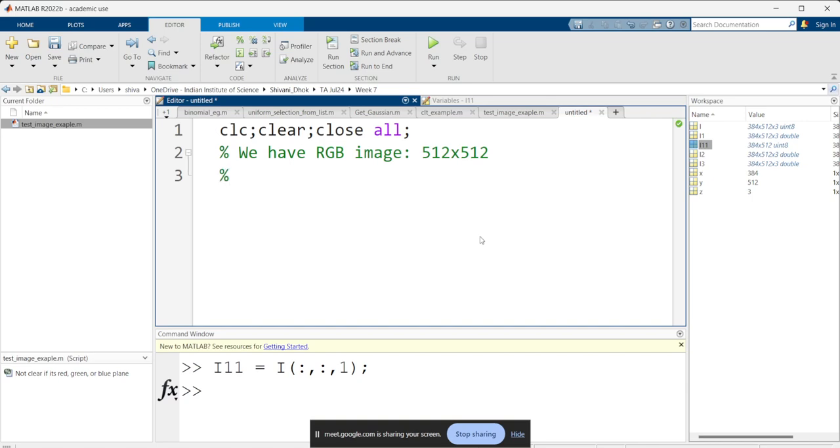It means that we have three matrices of dimension 512 cross 512.